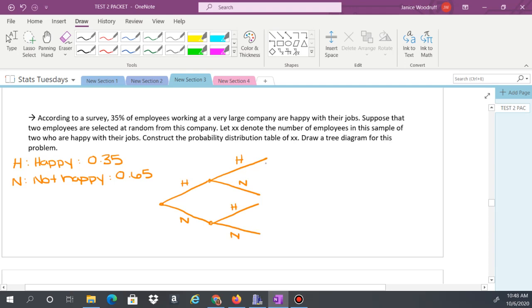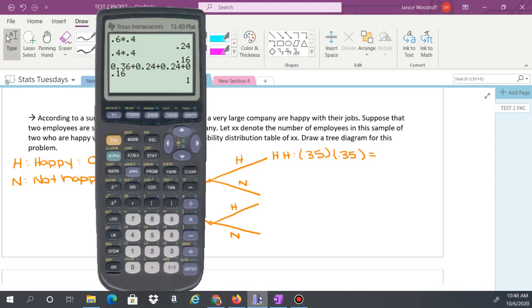So you have happy, happy, that's one possibility, which would be 0.35 times 0.35. So let's see what that gives us. That is going to be 0.1225.